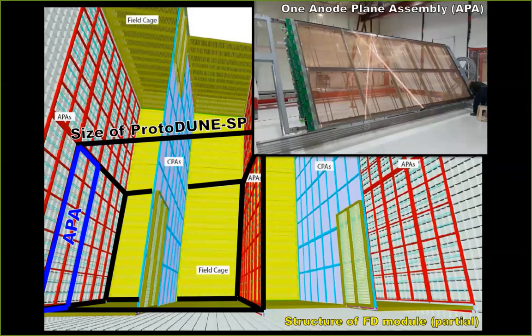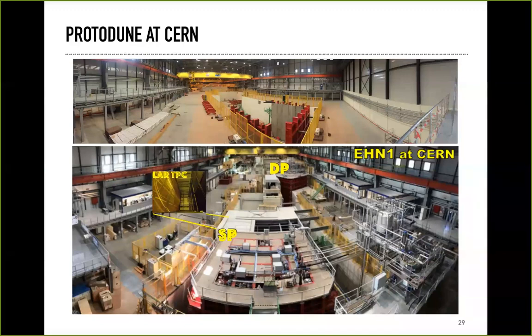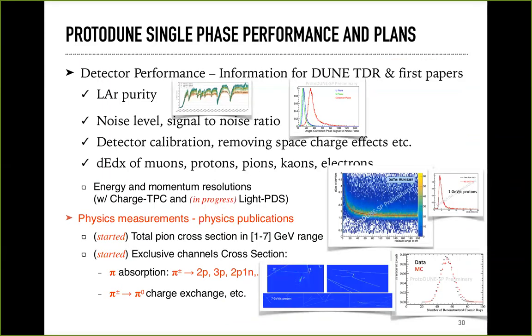So in the next slide, you can see what was there before at CERN, and then what happened now with the double and single phase ProtoDUNEs. And I will just describe in the next slide the results about the current performance of the single phase, which has been progressing very well.